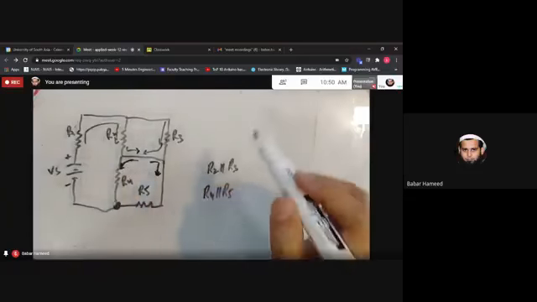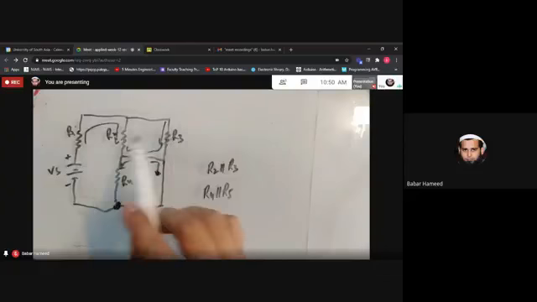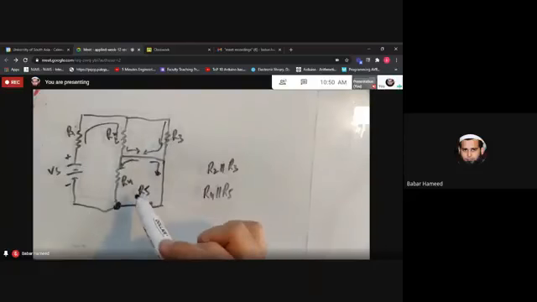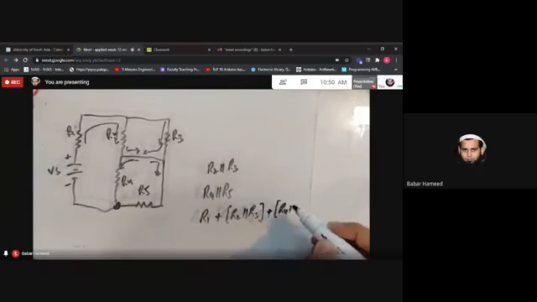So we can say that R1 is in series with the parallel combination of R2 and R3, that is in series with the parallel combination of R4 and R5. R1 plus the parallel combination of R2 and R3 plus the parallel combination of R4 and R5.